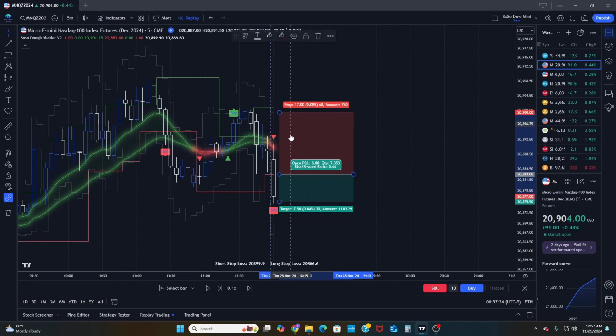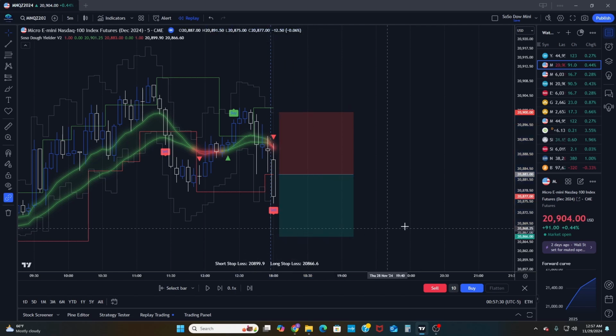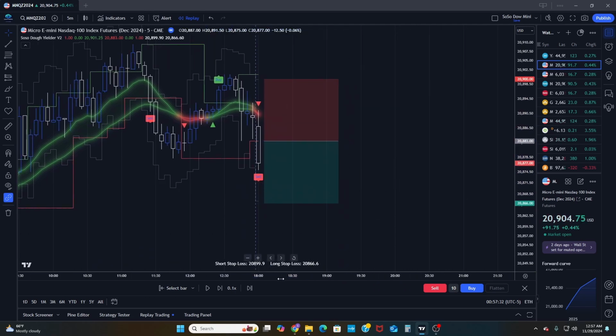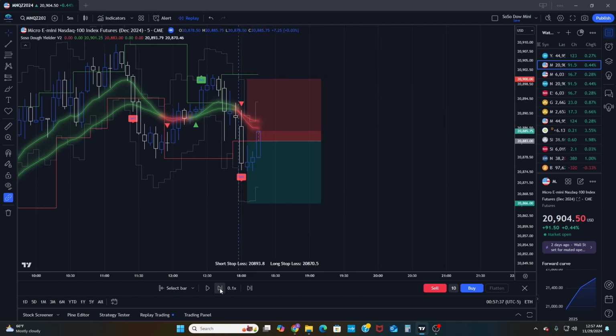So we'll put that there. That's our stop loss, 17 points. A standard A trade will go 1-to-1. I'm going to progress the candles and see what happens with this trade now. All right, so we got entered at 6:15 p.m.